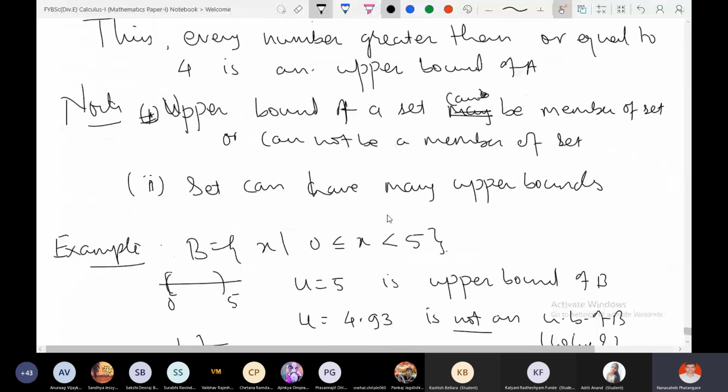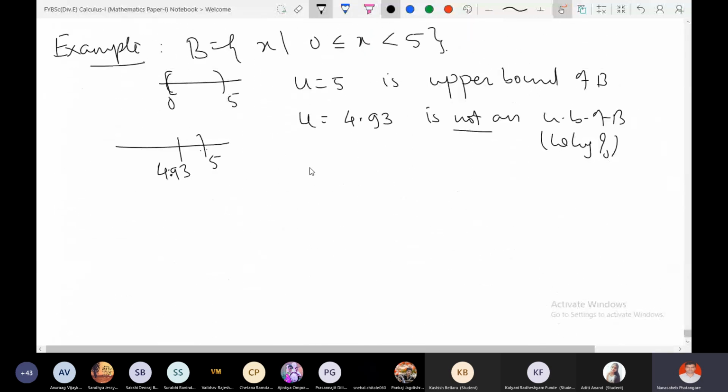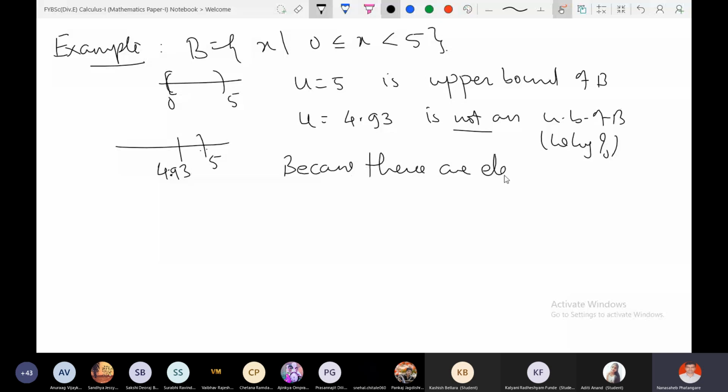So why is 4.93 not an upper bound? Because there are elements of B greater than 4.93.